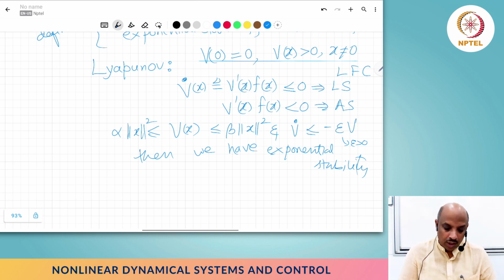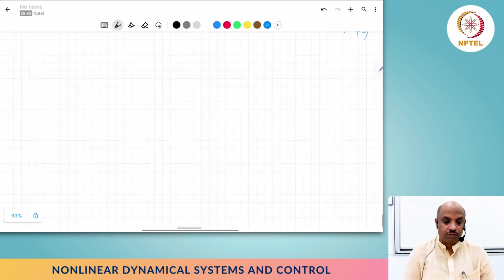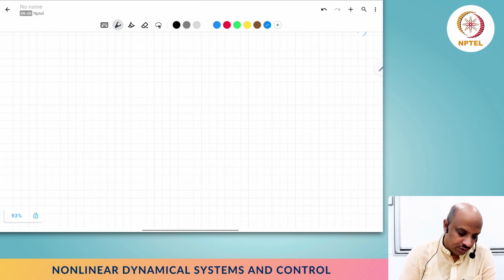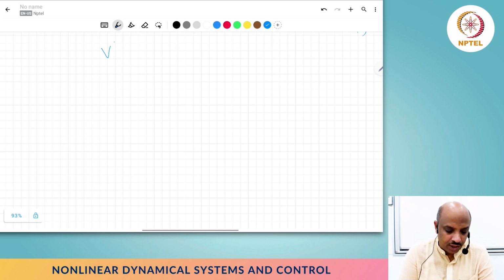So all these are good, but one of the more difficult aspects is finding this Lyapunov function. So if we try finding a Lyapunov function, in many cases what may happen is we may get this condition, right?